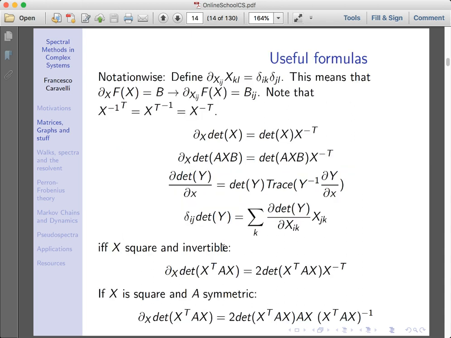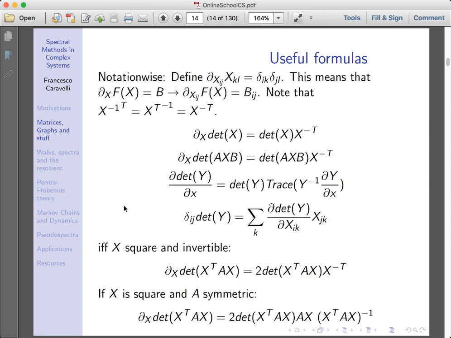So the next two slides are just to show that there are a lot of results and formulas you can find online about the properties of determinants and their derivatives. For instance, here I define the derivatives of a certain matrix X and its determinant.